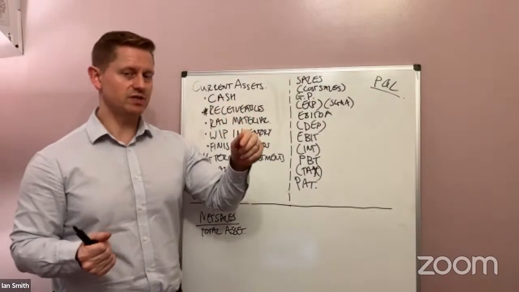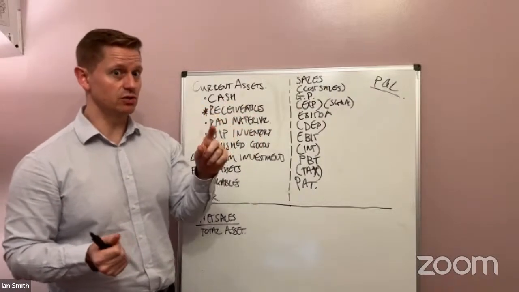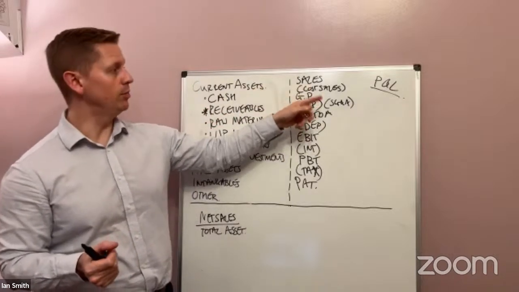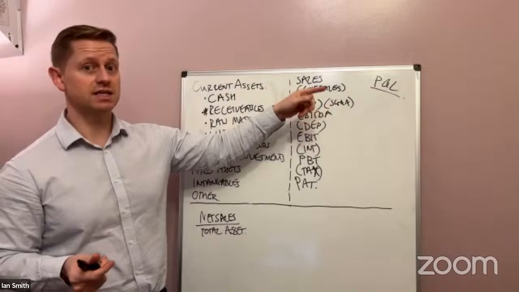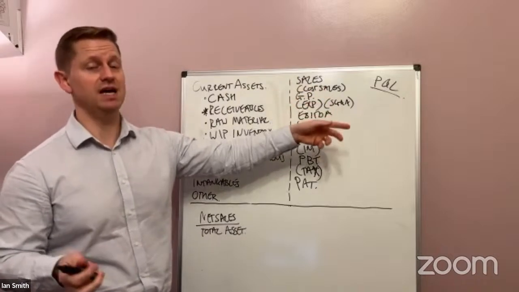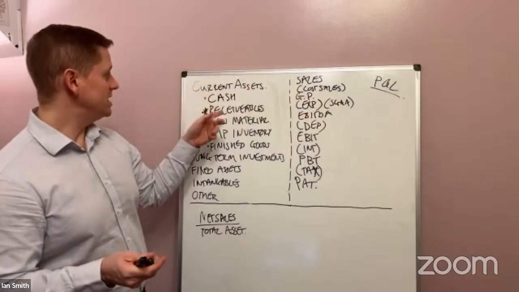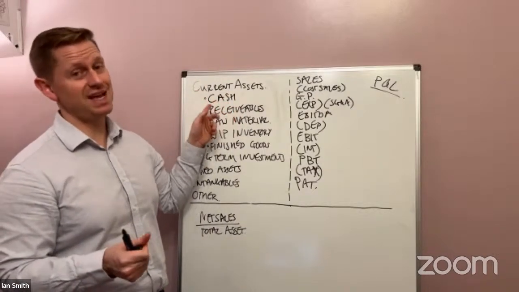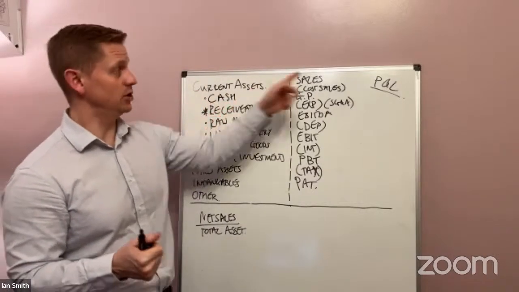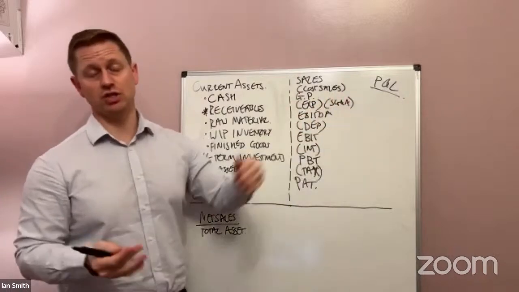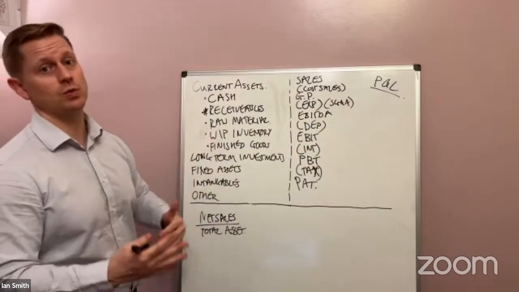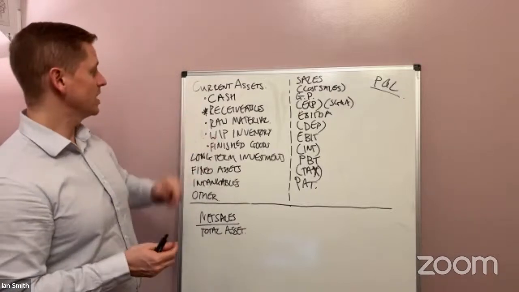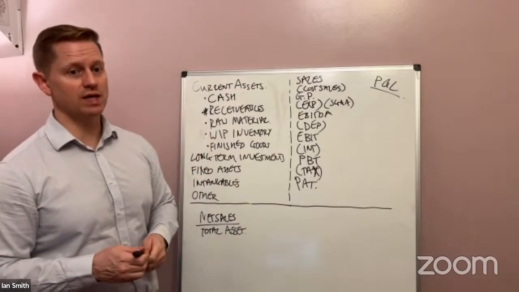So in contrast, the reason why it's important to look at this ratio is if, for example, the business is heavily dependent upon the debt that it's getting from its creditors, from its suppliers, we need to ensure that it's receiving cash from its debtors in good time in order to satisfy the short-term liabilities. Hence, the crossover between a little bit of liquidity, solvency, and also asset management as well.